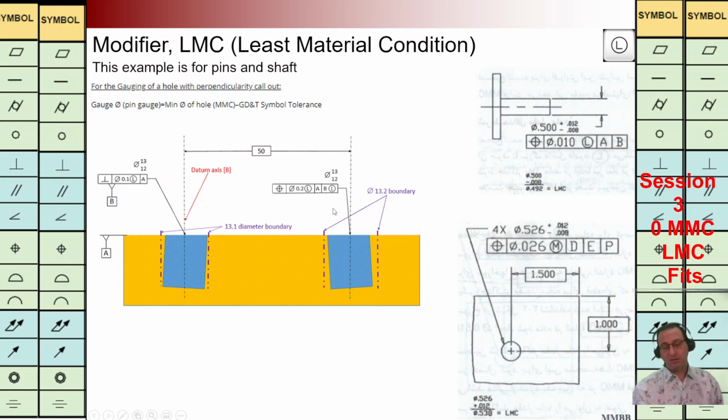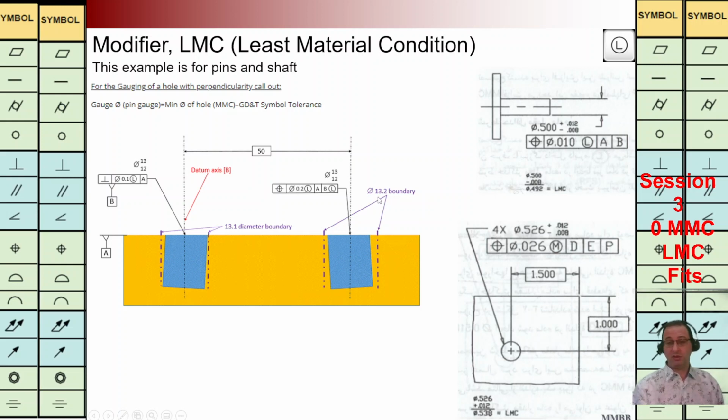Another example is here. Again, we have the hole diameter between 12 and 13, and the value of the LMC is 0.2 for the positioning. And for the center of the hole, first we are going to make this virtual condition.